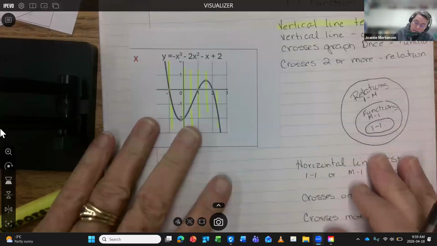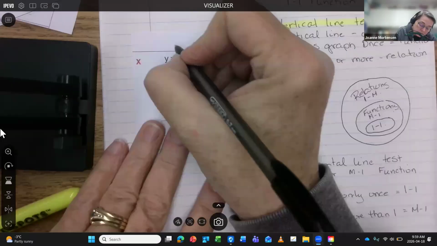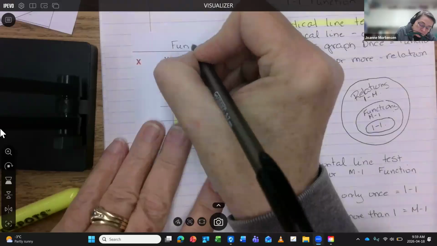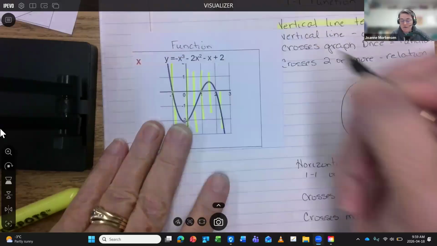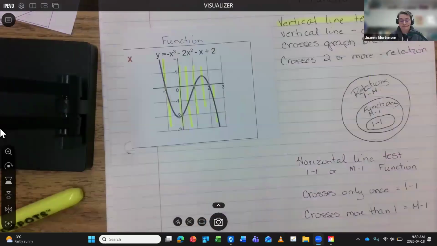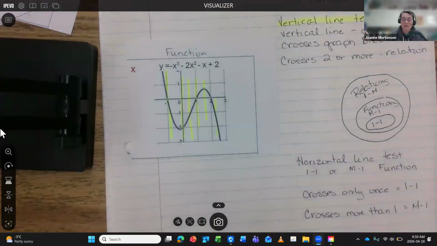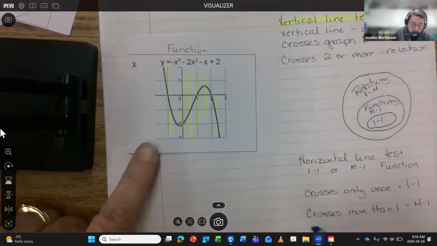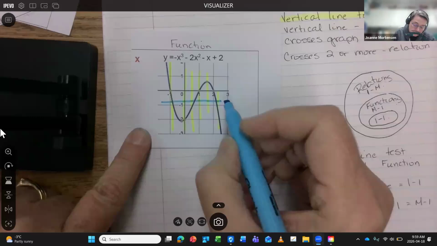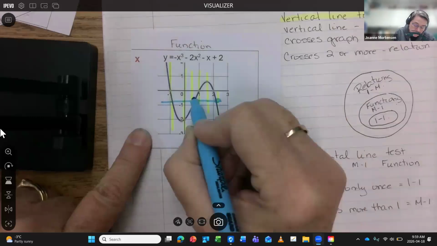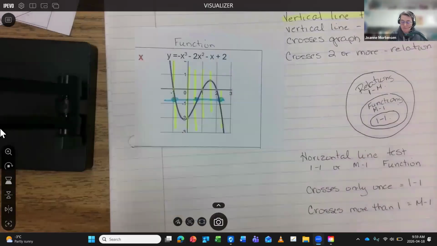So we know this is a function because it passed the vertical line test. Okay. Now let's see what kind. Now we're going to draw horizontal lines. And I only need one. Whoop, look at that. Crossed in 3 spots.